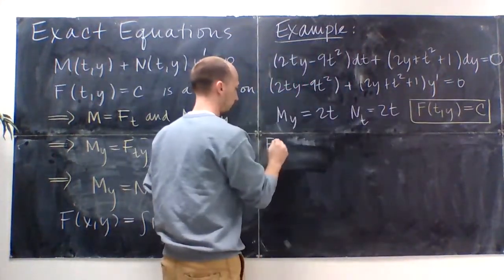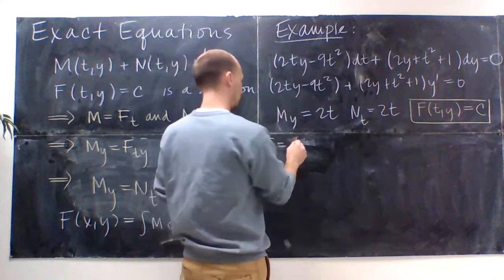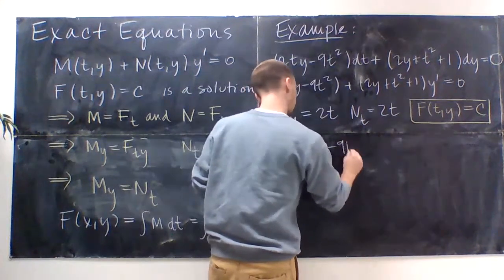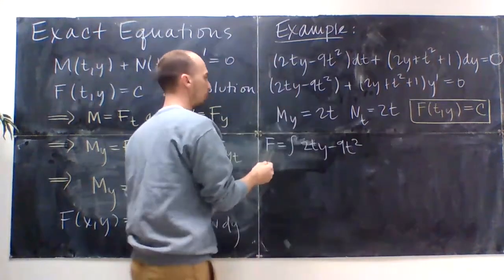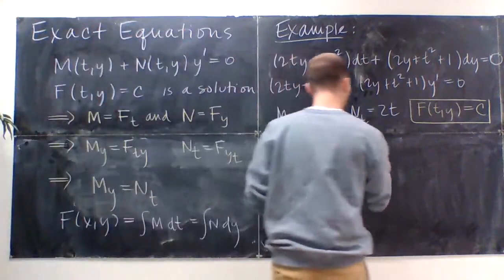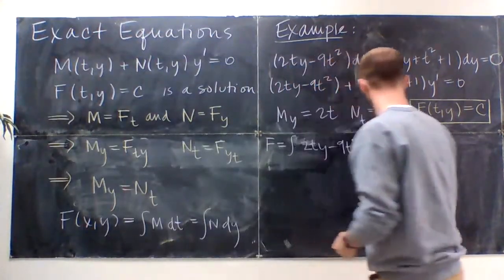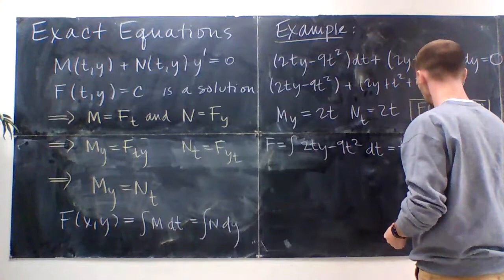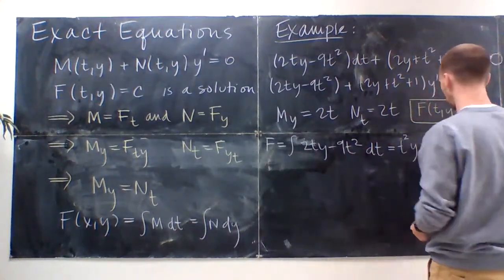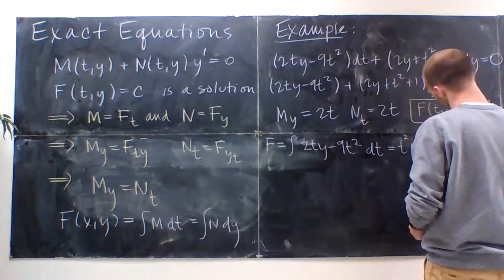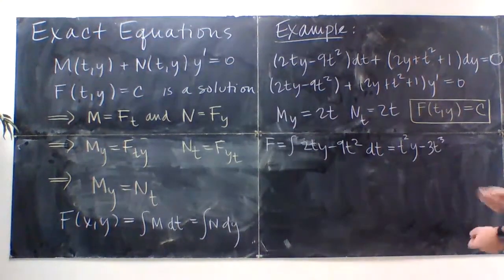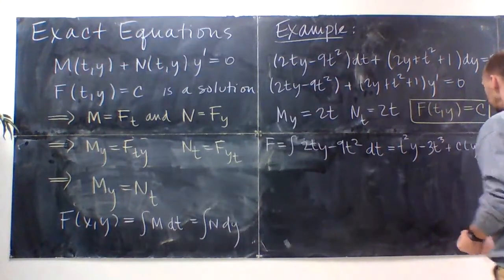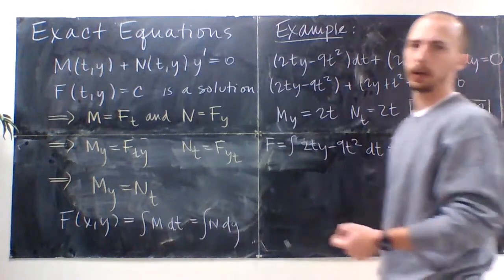So f equals the antiderivative of 2ty minus 9t squared with respect to t, which is t squared y plus negative 3t cubed. And then there could be some other hanging-on function of y. Hopefully I'll just discover that when I anti-differentiate the other part.